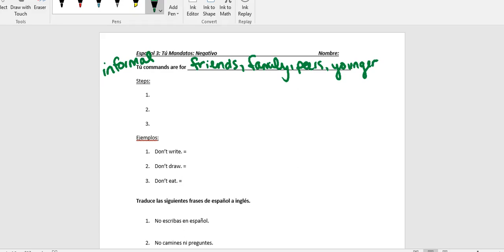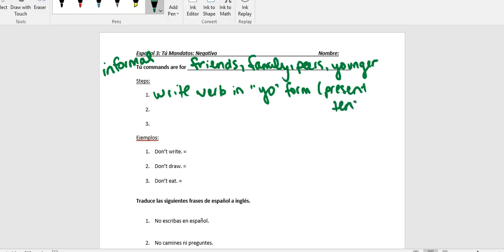Alright, so when we're using our negative commands, the process is more complicated than the affirmative. There are going to be 3 steps. The first step is you write the verb in the yo form. And when we're talking yo form, we are talking about the present tense, so that ends in an O. Okay?